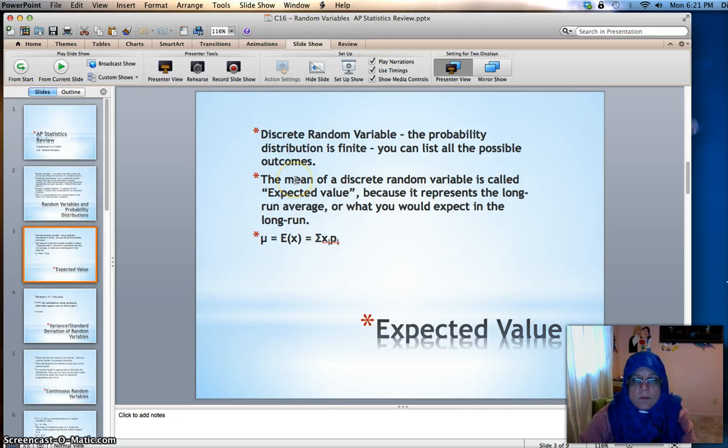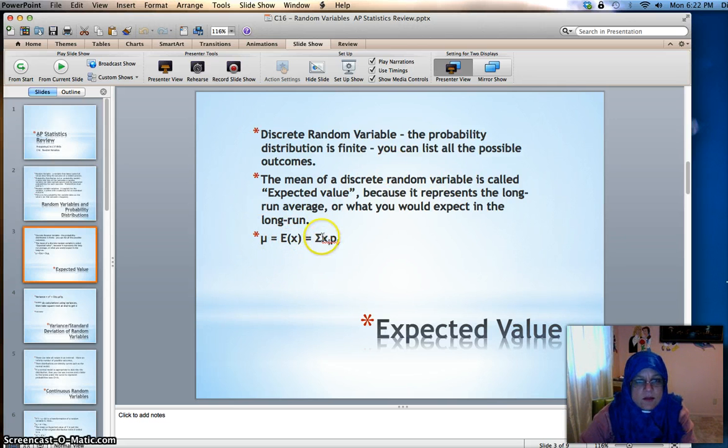Okay. If you find the average for a discrete random variable, that's called the expected value, and it represents the long run average, or what you would expect to happen in the long run. So if we were to calculate expected value for rolling a die, you might use the symbol mu, the Greek letter mu, for mean, or you might see capital E of X. Either one, they mean the same thing: expected value or the mean of the discrete random variable.